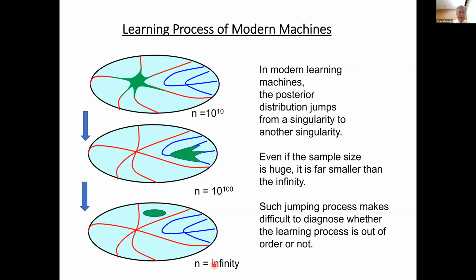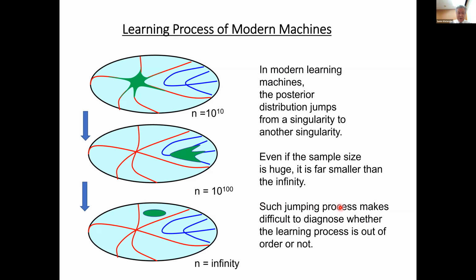If n is infinity, then the posterior distribution goes to here, but infinity is far from the finite sample size. Even if the sample size is huge, it is far smaller than infinity because deep learning has a very big, huge learning machine. So the posterior distribution jumps from here to here.